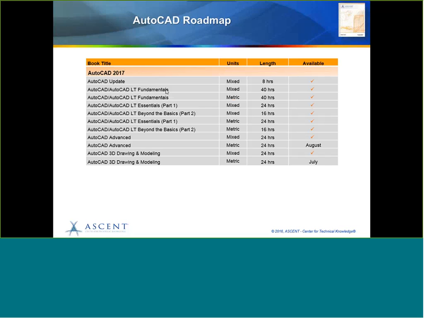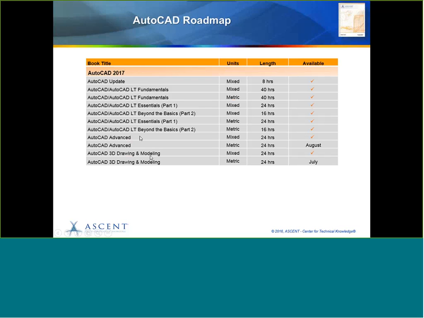We also carry the AutoCAD LT 2017 essentials and beyond the basics, in both mixed units and metric units as well. And then we have the AutoCAD Advanced and AutoCAD 3D Drawing and Modeling.